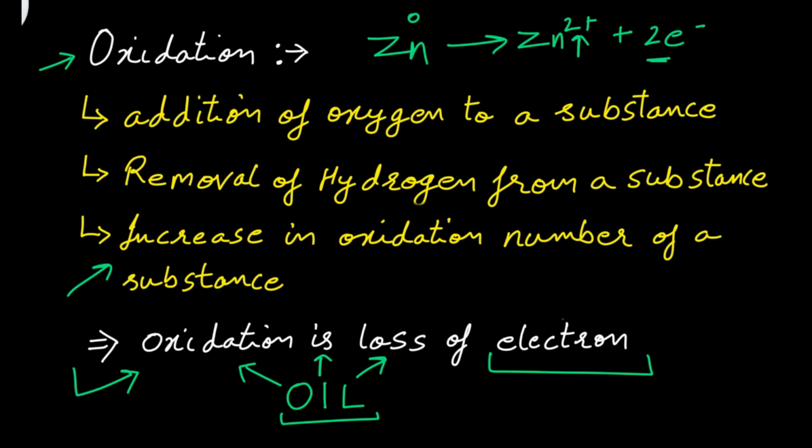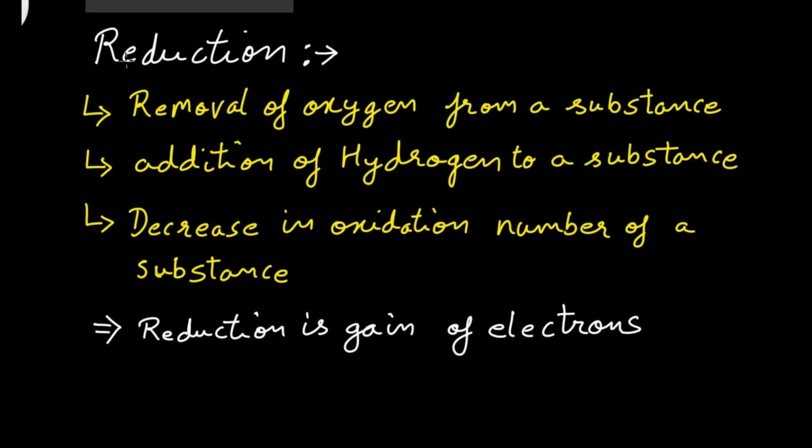Let's look at reduction. Now, the definitions for reduction are removal of oxygen from a substance, or addition of hydrogen to a substance. Now there are only a few reactions that will involve oxygen and hydrogen, so these two definitions will apply on that only.